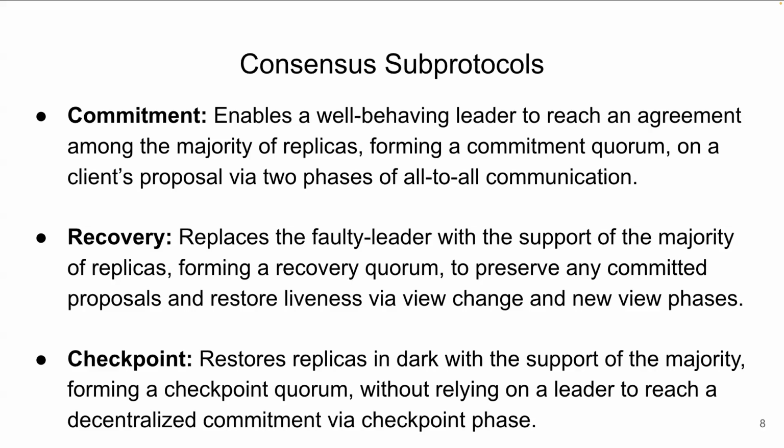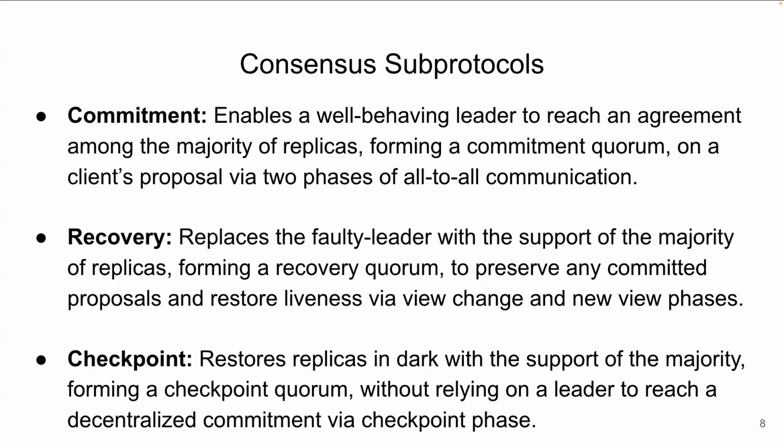In this recovery, if the new leader is malicious, it can still keep F good replicas in dark, because the recovery only requires a quorum. So this is driven by a leader. If the leader, for example, doesn't send a message to the replicas in dark, it could still keep them in dark.